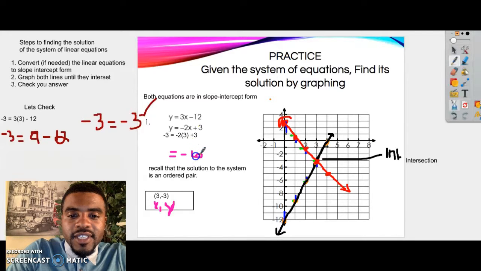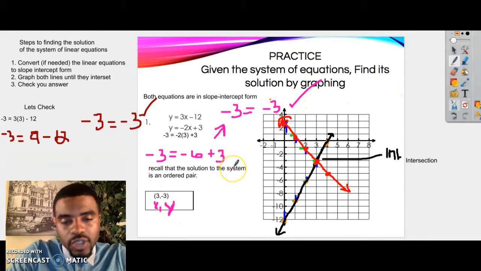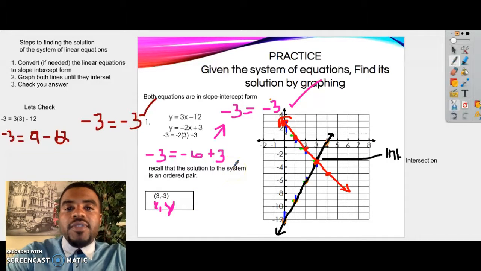You have negative 6 plus 3 equals negative 3. So negative 3 equals negative 3. So this is indeed a solution. 3 comma negative 3 is a solution to the system of linear equations.